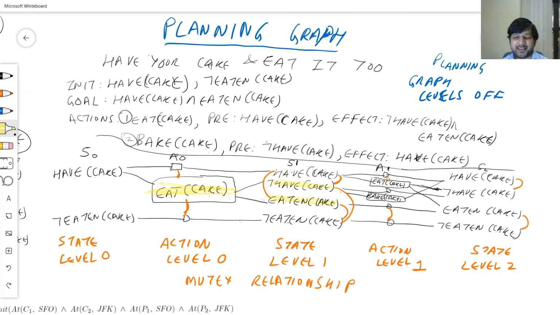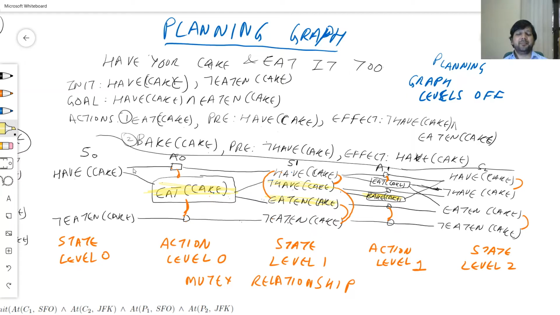Now these are mutex, so I can again have one of them, and the precondition also needs to be active. So virtually I've got only one of these over here. Now again I select some of these subsets such that I only select the ones which are non-mutex to each other. So my problem is to extract a solution.